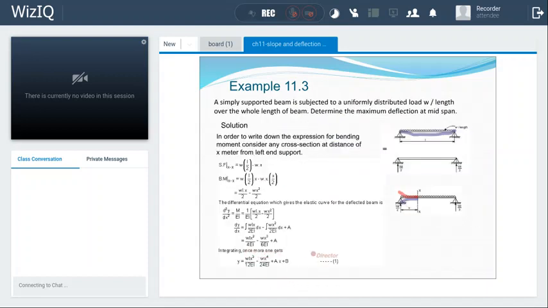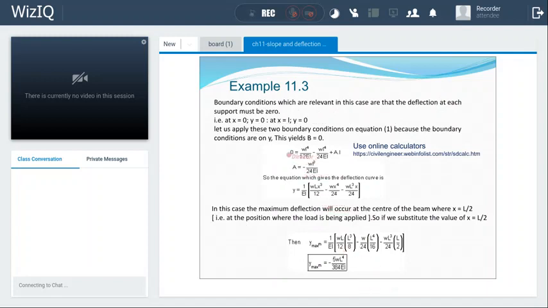So y is 0, we substitute x equal to L, but B is already 0, so there will be no need for B, and we get this form: 0 equals WL4 over 12 EI minus WL4 over 24 EI plus A into L. So this gives you the value of this constant of integration A, and we can substitute these values of A and B in our equation for slope and deflection.